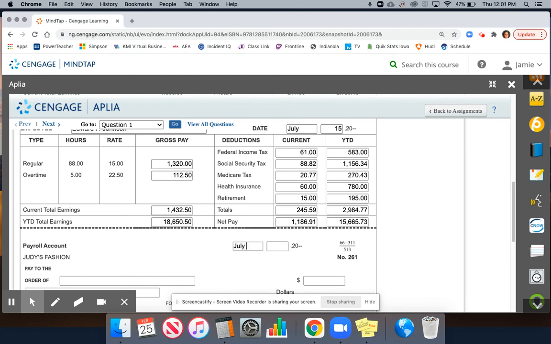Next, we need to actually fill out the check for Edward. So it's July 15th. The order of Edward P. Johnson for the net pay, $1,186.91. That's how much we actually pay him.